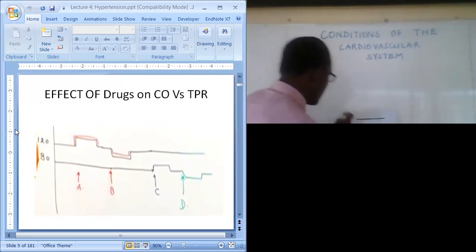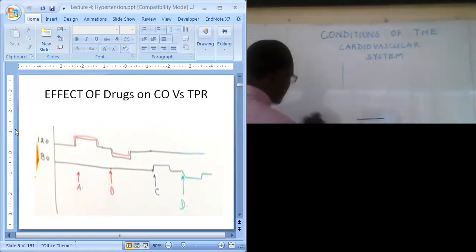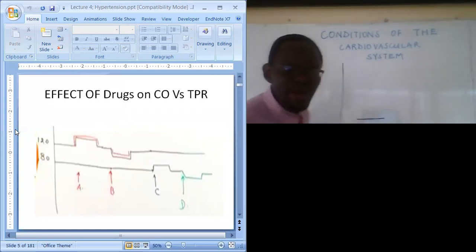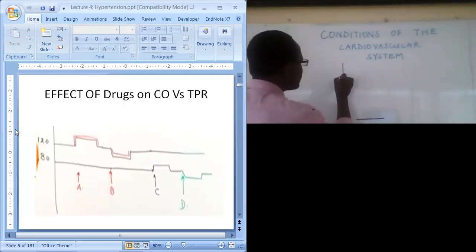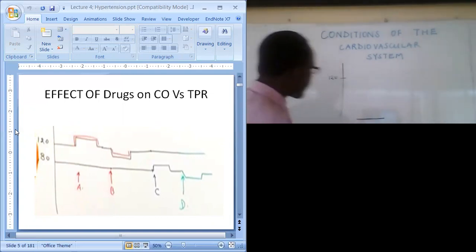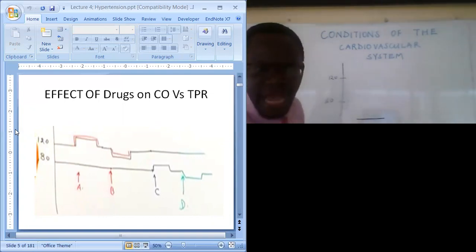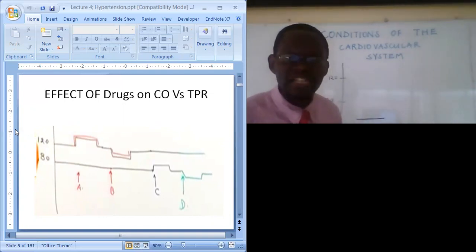Just imagine you have a graph like that, and then you have drugs. Assuming 120 is our systolic blood pressure and 80 is our diastolic.